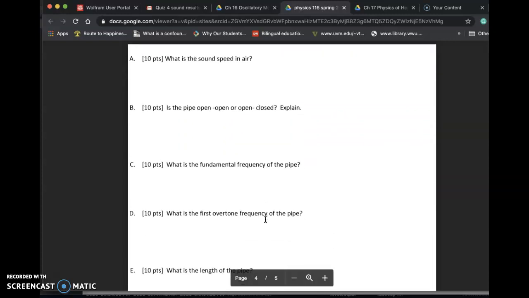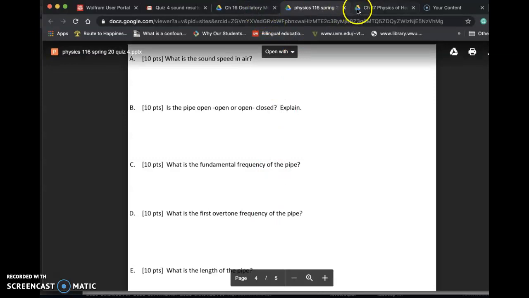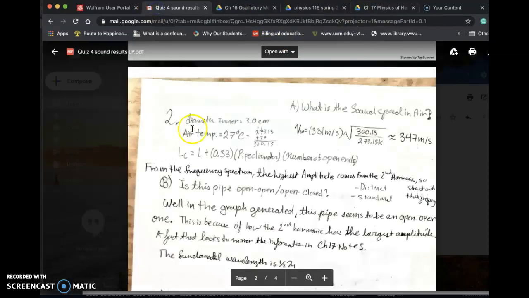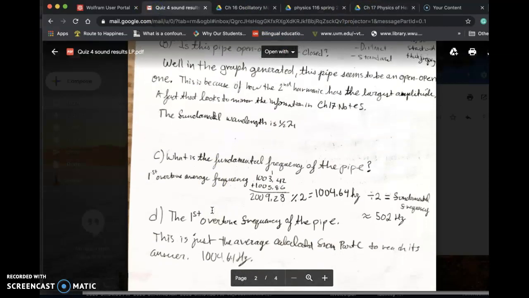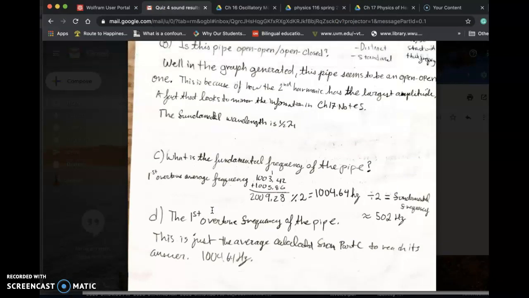Third, what is the fundamental frequency of the pipe and what is the first overtone of this pipe? To get these, what we do is first take the average frequency of the first overtone, which is 1003.42 Hertz plus 1005.86 Hertz.